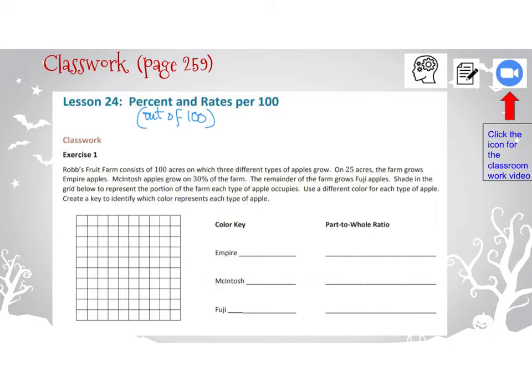Let me do a little drawing up here, even though this doesn't have to do with our exercise one. If this whole thing costs $100, right?